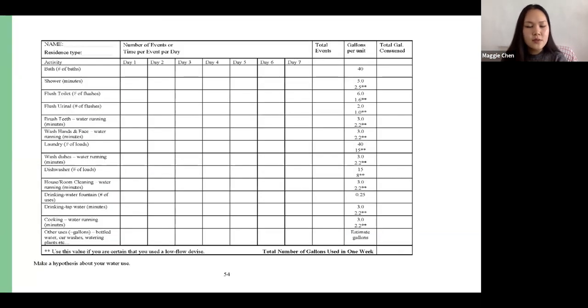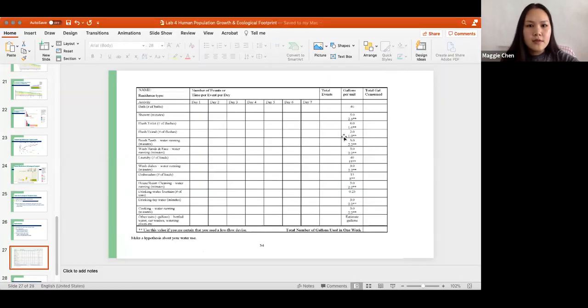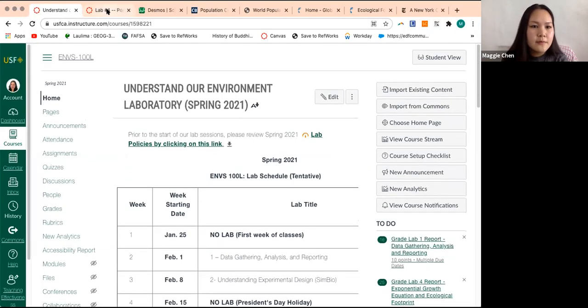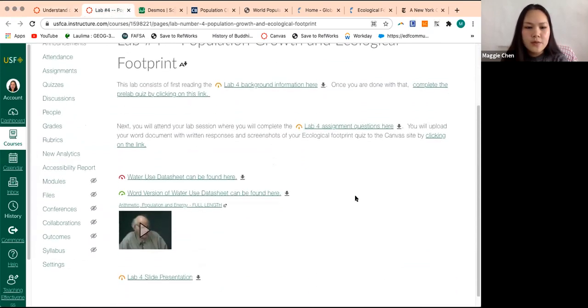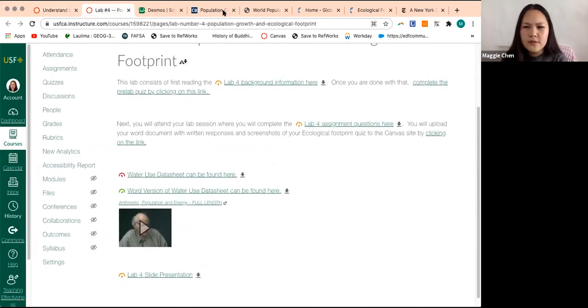And again, this is what this chart looks like. If we go back into Canvas, under Lab 4, this is where we can find it. Can you see this screen, Canvas?